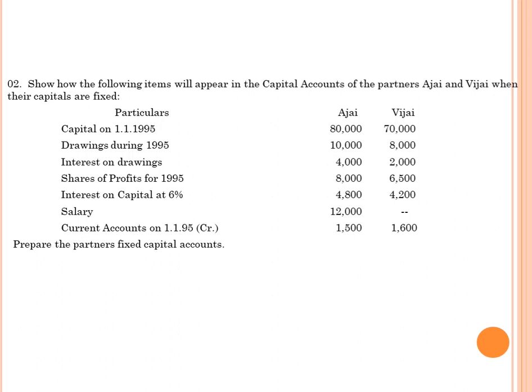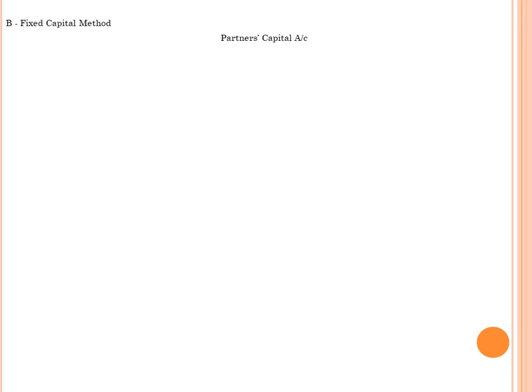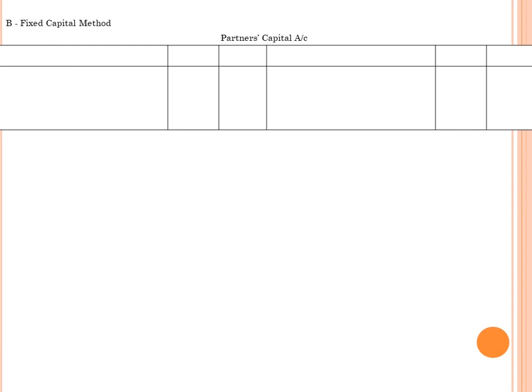Now we move on to work out the problem under the fixed capital method. Now the partner's capital account. We divide into 6 columns: particulars, Ajay and Vijay, and on the credit side the same particulars, Ajay and Vijay. On the credit side, we start with by balance brought down, opening capital 80,000 and 70,000.